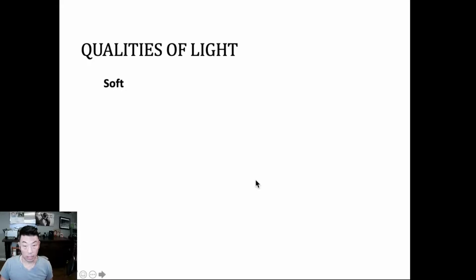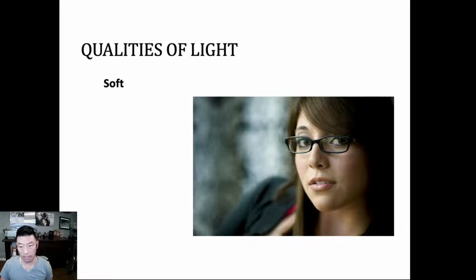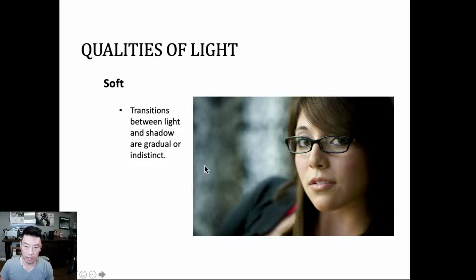The opposite of that is something called soft light. And this is the image we were looking at a couple of slides ago. How soft light is determined in an image is, again, you look at the quality of the shadows and the transition between light and dark. On her face, you don't really see a whole lot of distinct or sharp shadows.